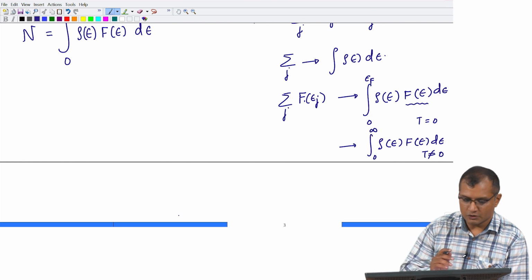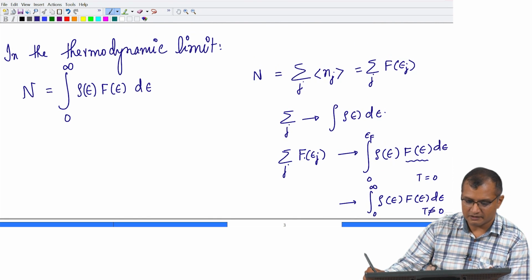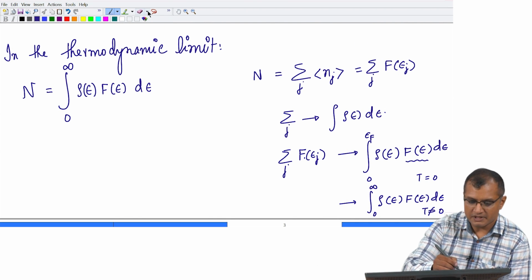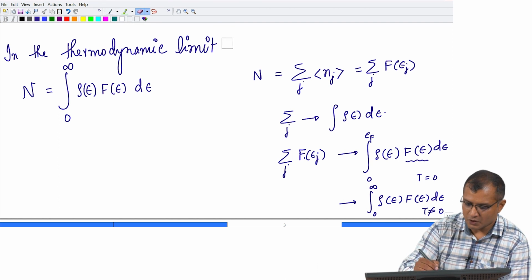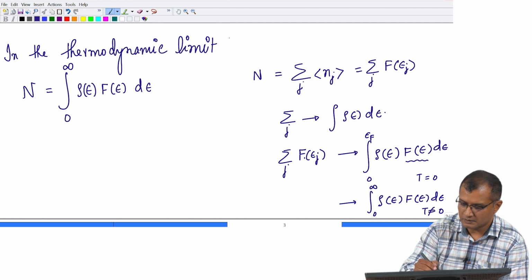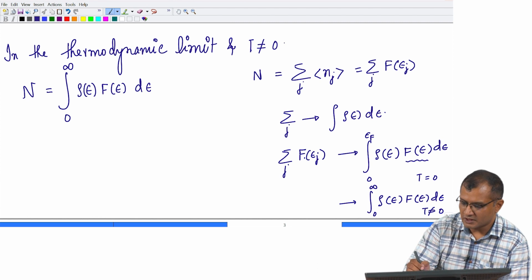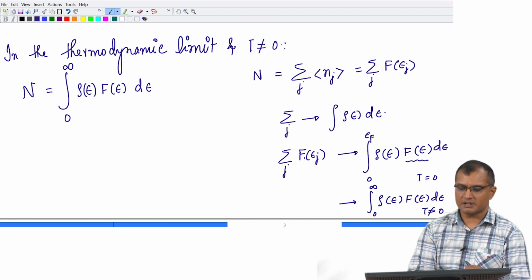Okay. So, since we are going to be interested in temperatures that are non-zero, so I am going to write it as thermodynamic limit and non-zero temperatures.